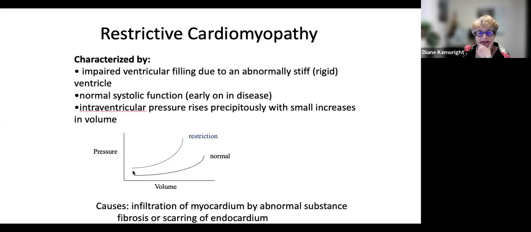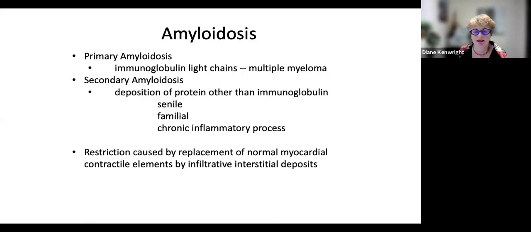what happens is the infiltration keeps going. They get more and more accumulation of the abnormal substance or scarring of the endocardium, like the one that we discussed earlier, the endomyocardial fibroelastosis. So what things commonly infiltrate the myocardium? Amyloidosis.